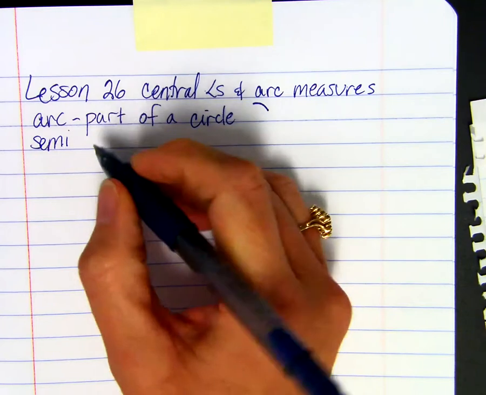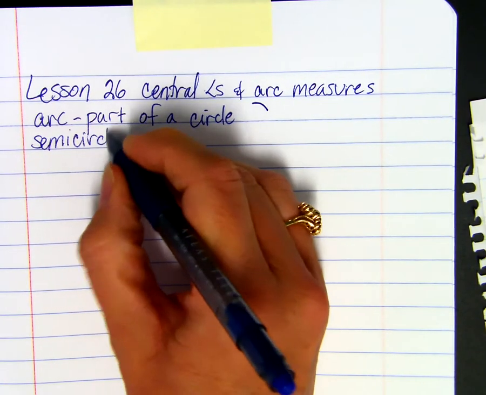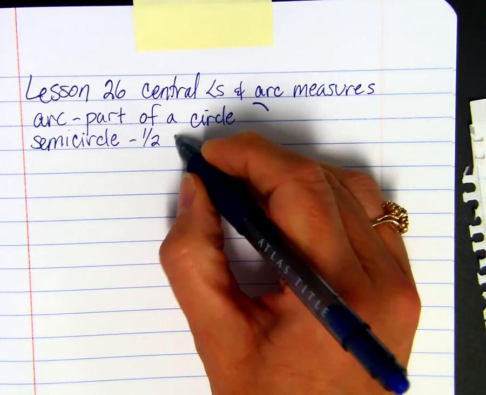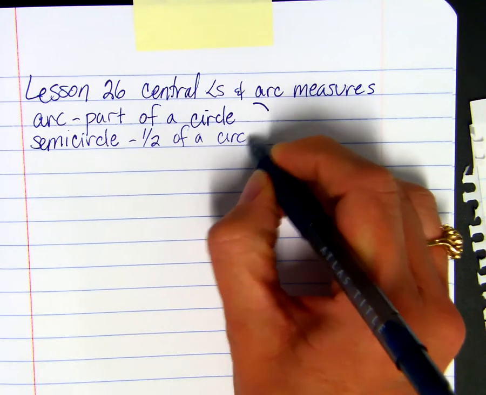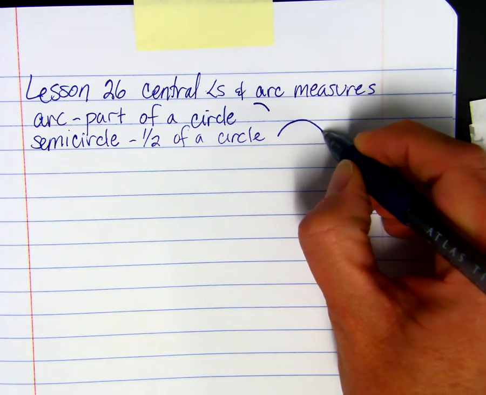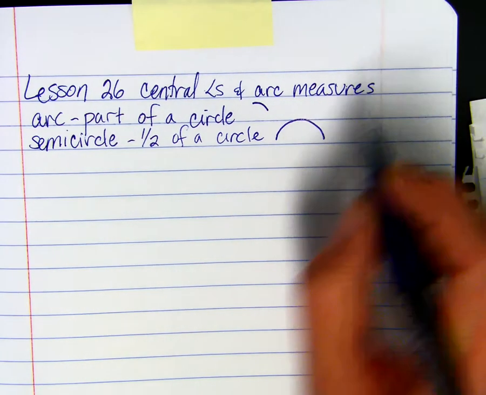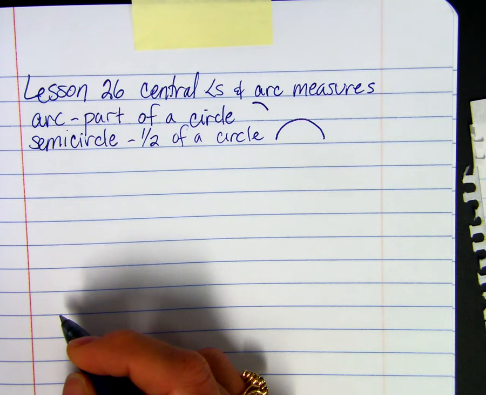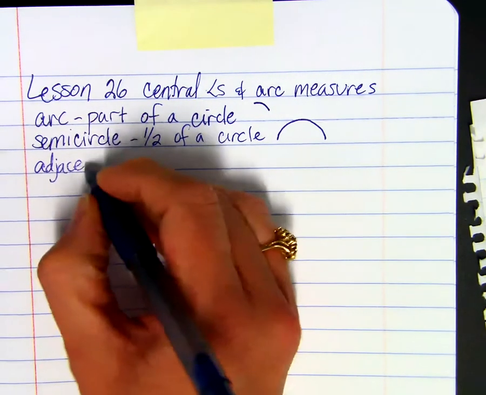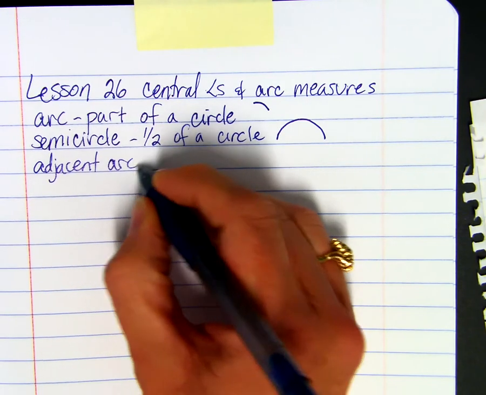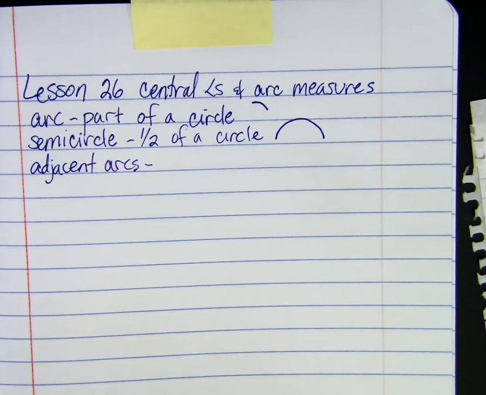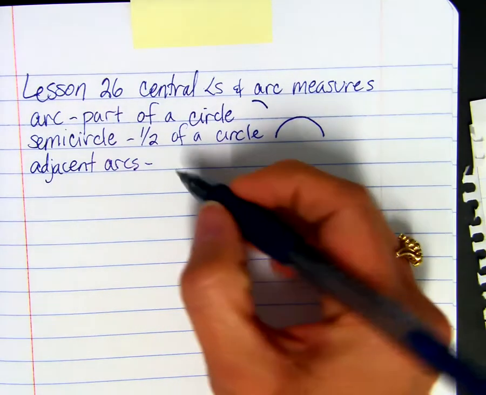Semicircle is 1/2 of a circle. Adjacent arcs are two arcs that are next to each other and they share an endpoint.